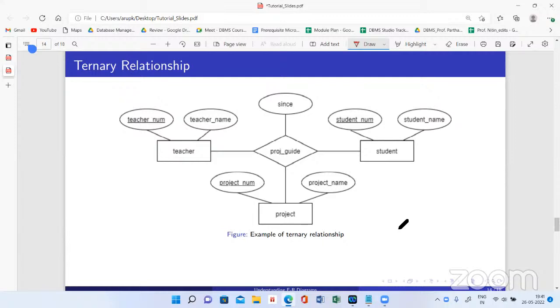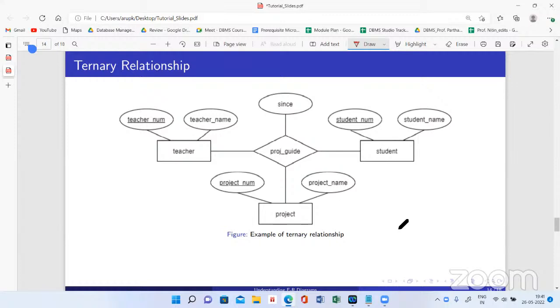And remember, if you go beyond binary, cardinality constraints like one to many or many to one cannot be easily implemented. For that, there is a different way, and I don't want to go into that today. Remember only this: if you go more than binary, all are many to many.